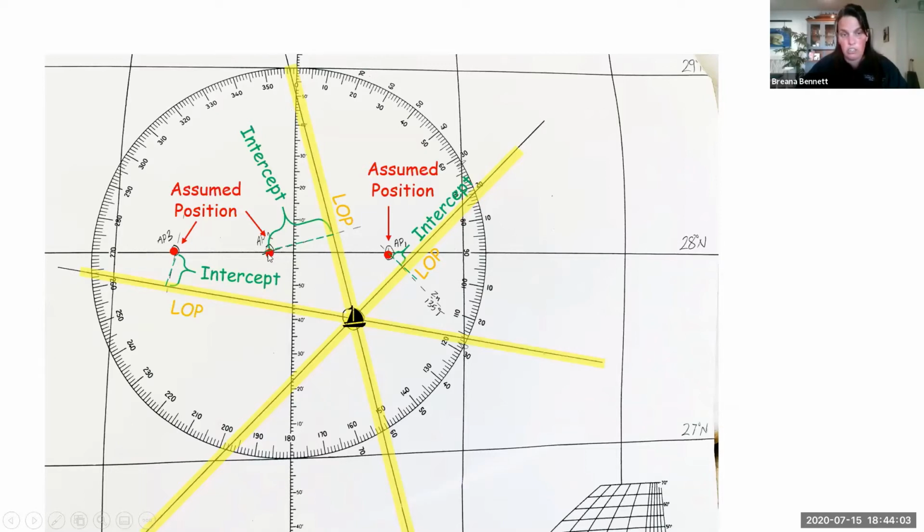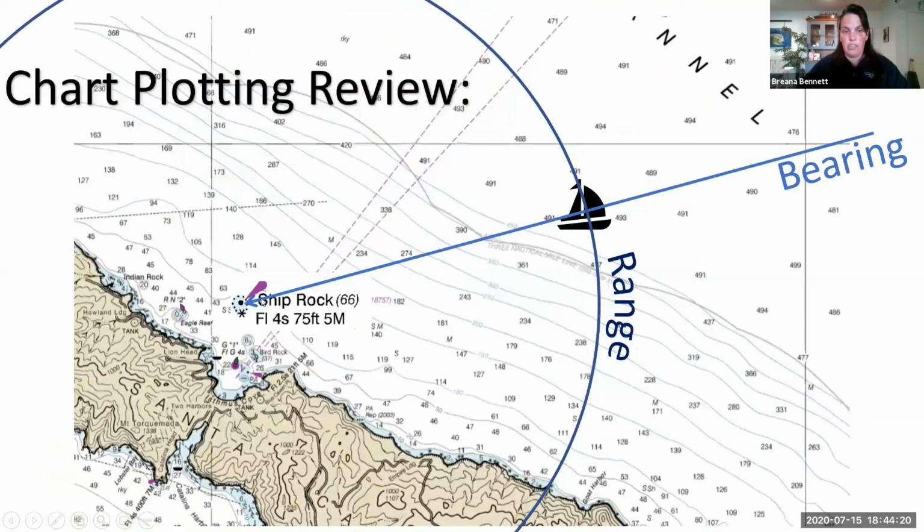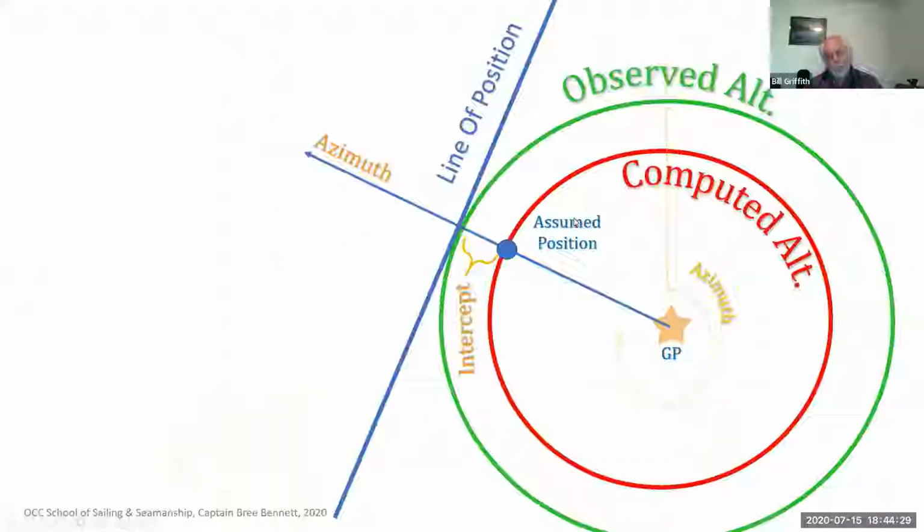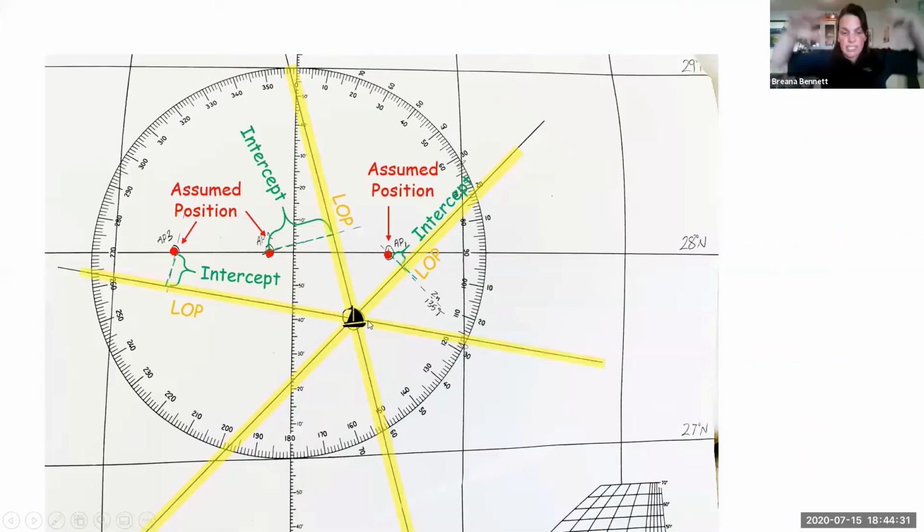So again, our assumed position with the bearing line, and then the LOP, which is normally an arc. If we go back all the way to this one, it's our bearing line and our range, LOP, but instead of that arc, we're doing it as a straight line because that arc is so massive going around the globe.